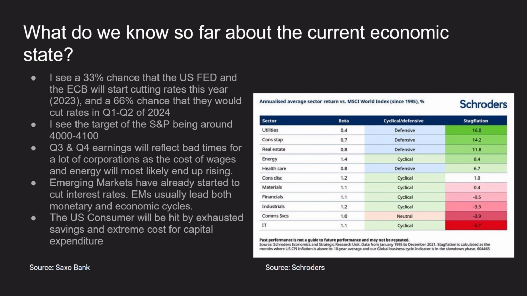Once emerging markets do end up cutting rates, that usually means that the US and the ECB do tend to follow. But this is, of course, given that inflation does stabilize.